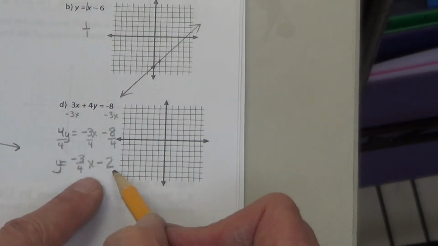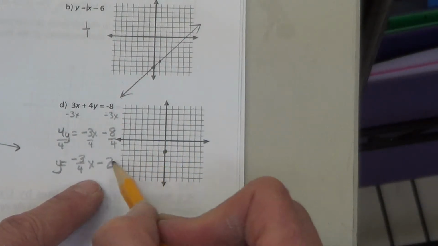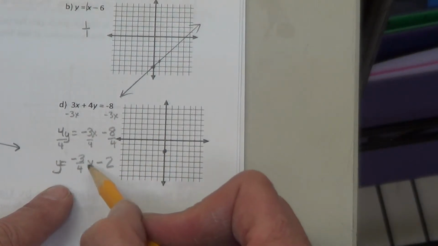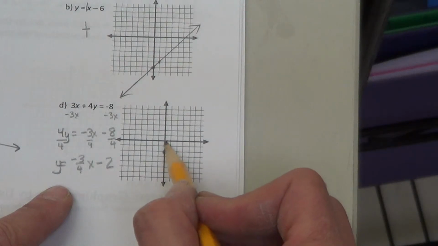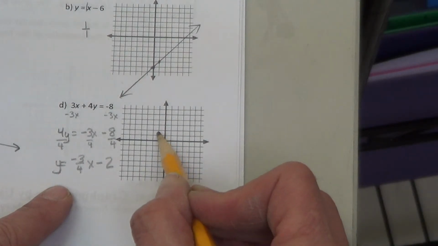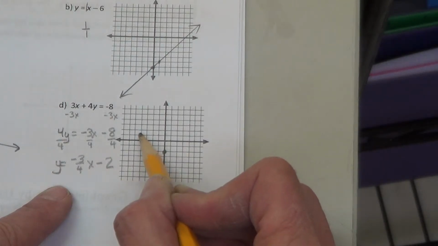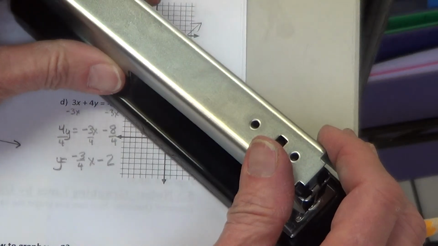So our y-intercept is at negative 2. We put a point. Our slope is negative 3/4. So we rise 3, run 4 to the left to compensate for the negative. Put a point, and now we graph that.